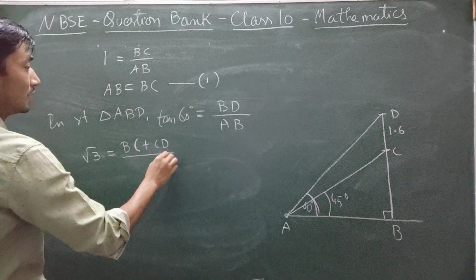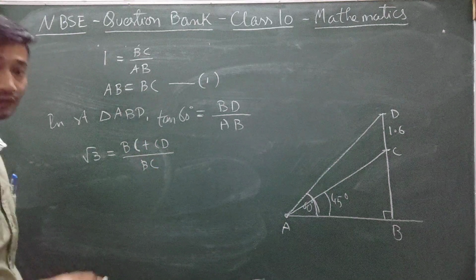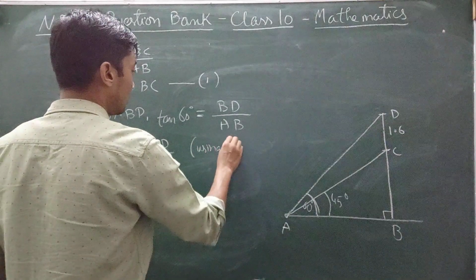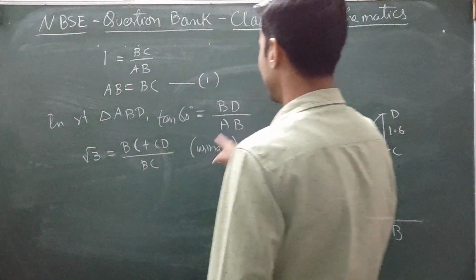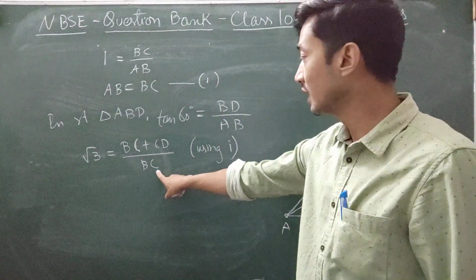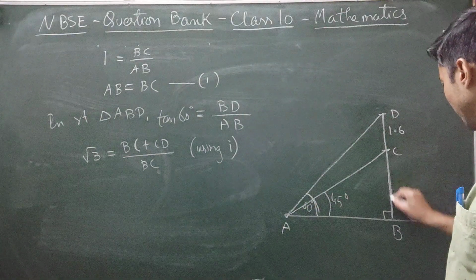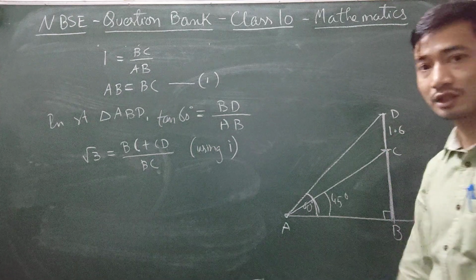AB I can write as BC, no problem. Because AB is BC, so instead of AB I can use BC, and BD is the full length.